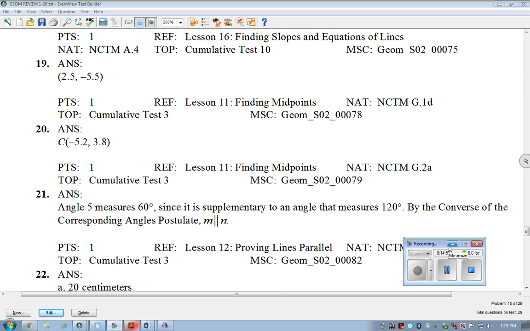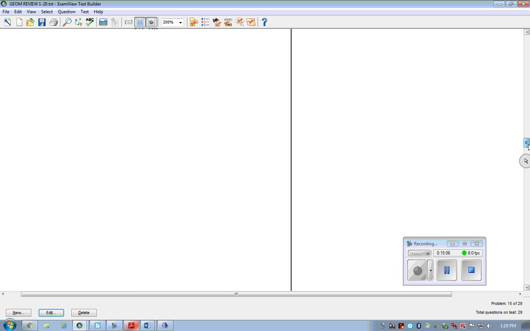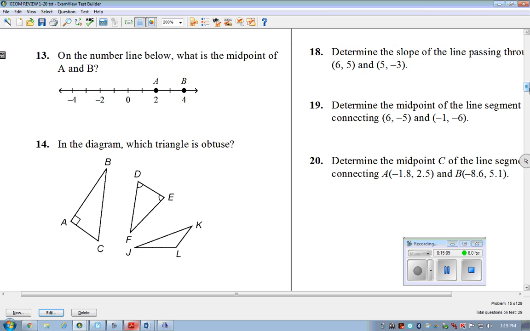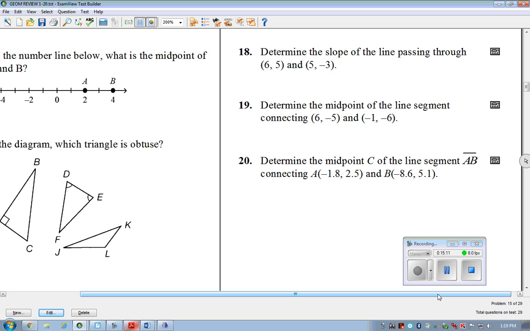So I'm curious now at this point. Looking at the answer here, I'll scroll back up to question 19. All right. What kinds of answers did we get? Jarrett, what was your answer? Okay. Jackman, what did you get? 2.5 and what?